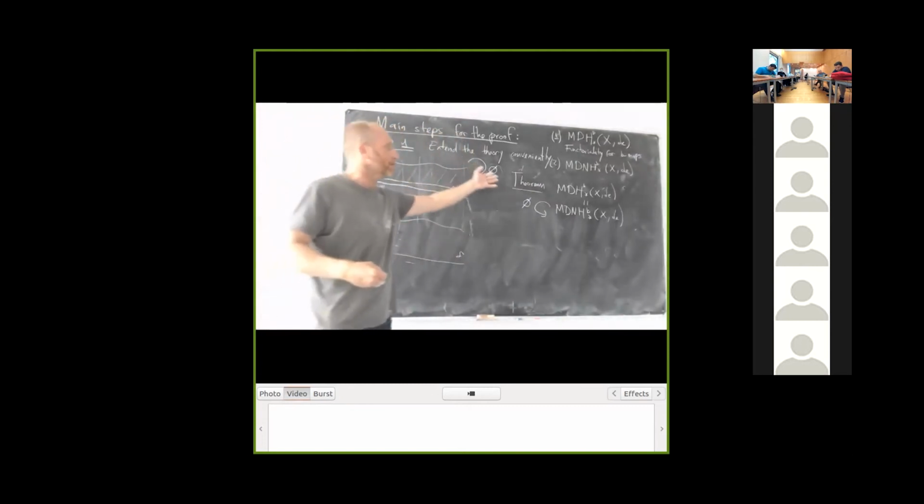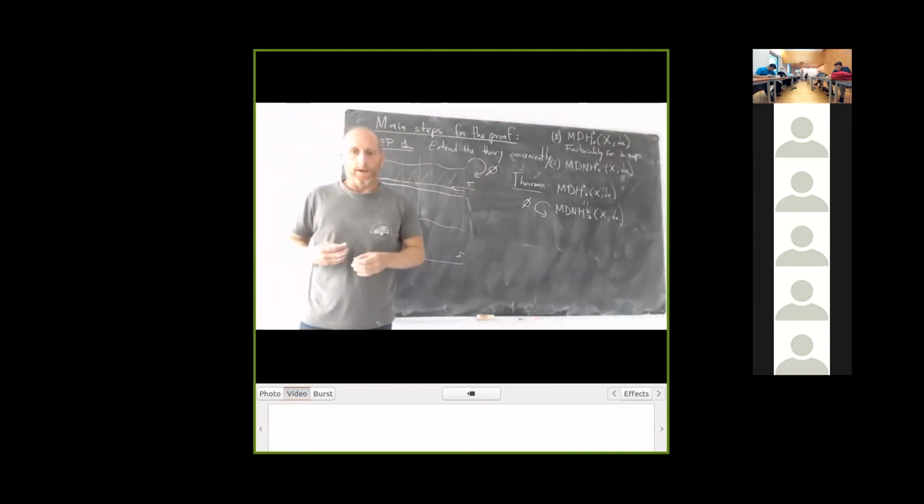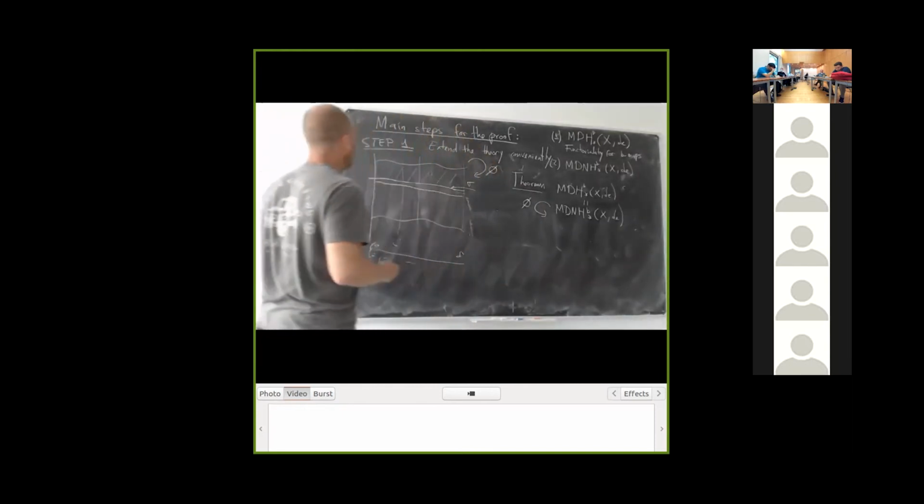The proof of this theorem is not entirely obvious. It proceeds in the same way that you have to do to prove that the moderately discontinuous homology is finitely generated. Okay, so now let me explain how.